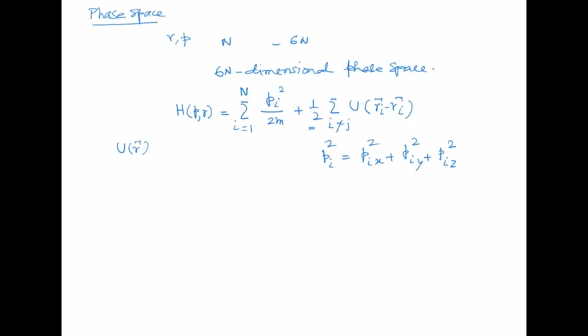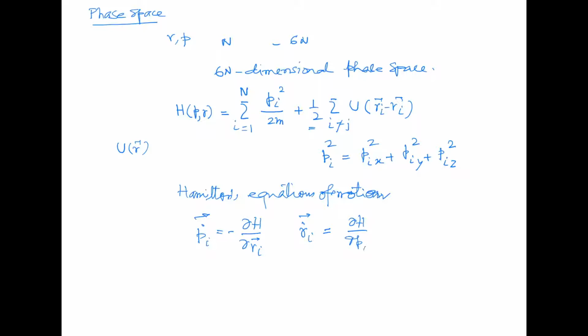We know that Hamilton's equations of motion are written as pi dot equal to minus dou H by dou ri, and ri dot equal to dou H by dou pi.